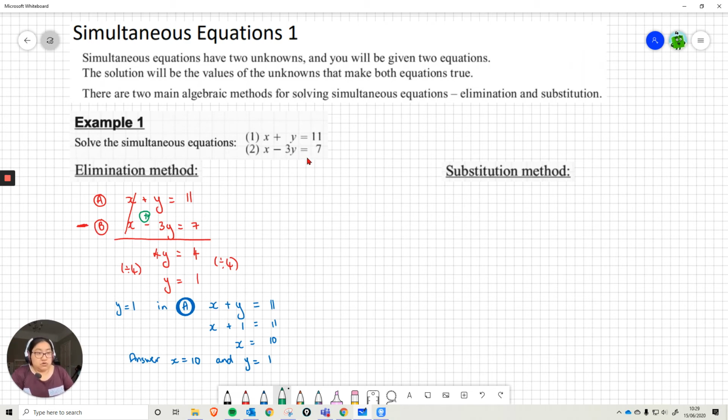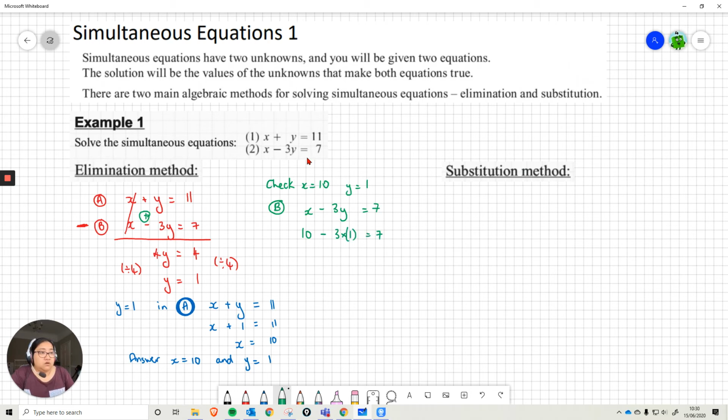So that's what I'm going to do. I'm going to do a very quick check. I'm going to check when x equals 10 and y equals 1 that I get the answer 7 in this equation. So I'm going to use B. x minus 3y equals 7. And I'm going to put 10 in, minus 3 times 1.